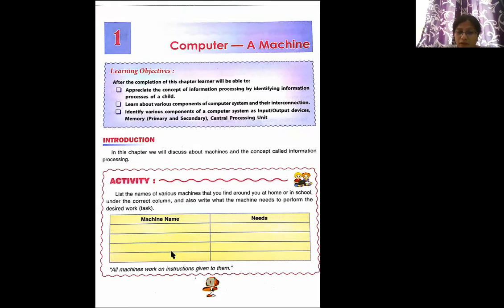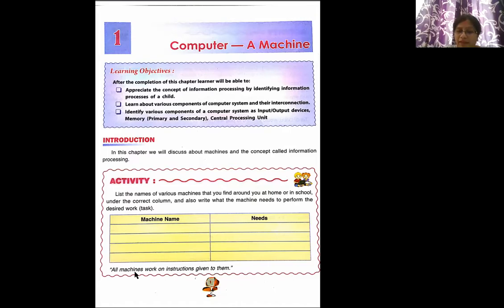So under the column, write the machine name and also write that machine's needs. So why do you require that machine? Example, a refrigerator to store the food items, correct? A washing machine for washing the clothes. Likewise, just list four names of the machines which you see around you and why you use them.